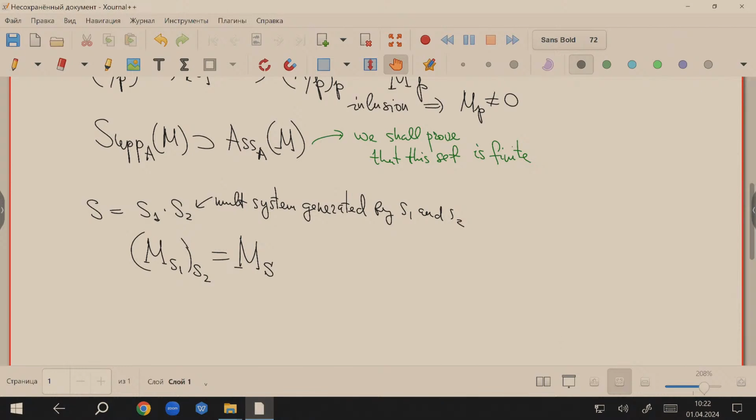And notice that if you have an inclusion of two prime ideals, P is inside Q, then the multiplicative system of P is larger. So you have the opposite inclusion, of course, when you consider complements and this multiplicative system.